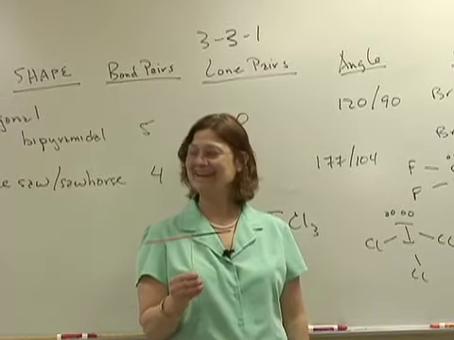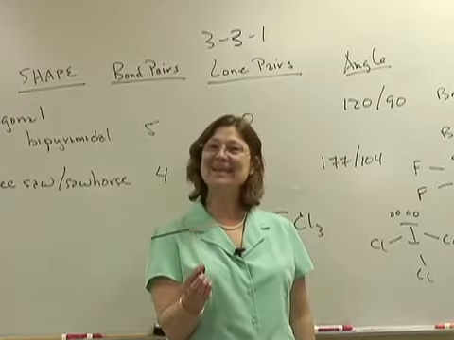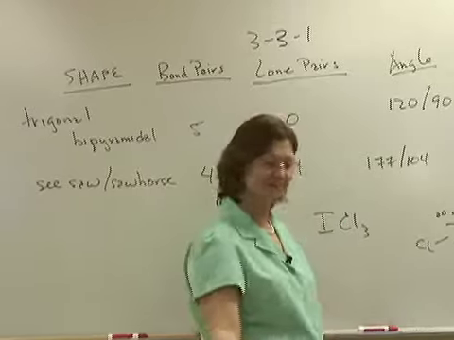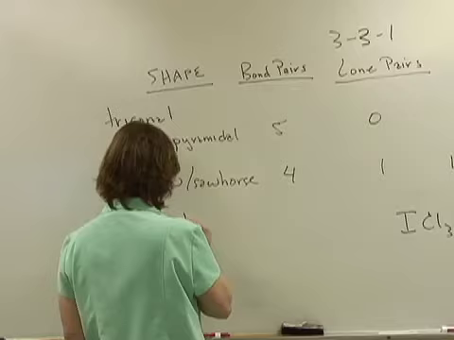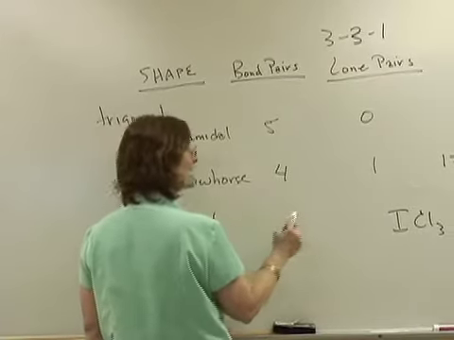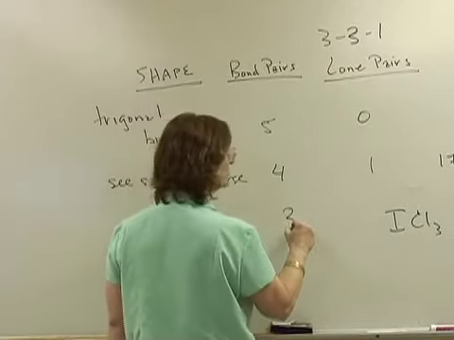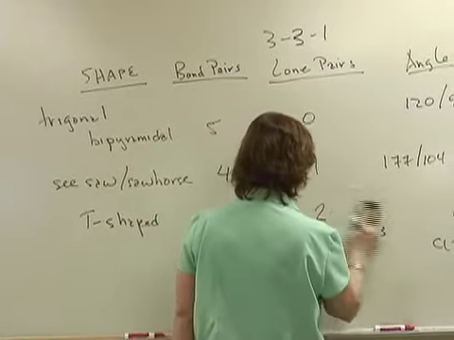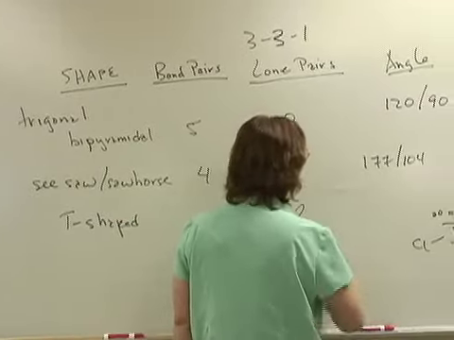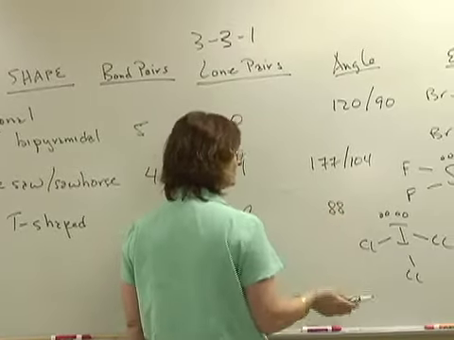What do you think? It looks like a T. We call it T-shaped. It is T-shaped. And we had 3 bond pairs and 2 lone pairs. And this angle is 88 degrees.